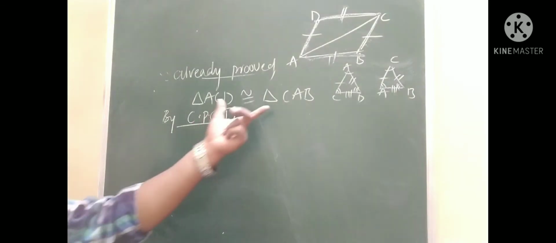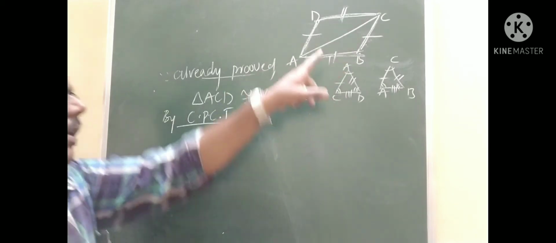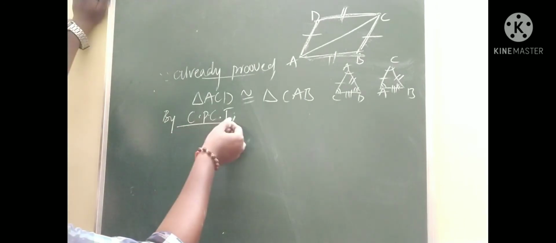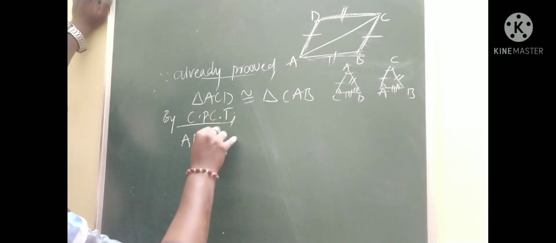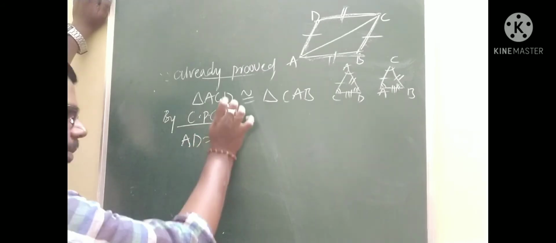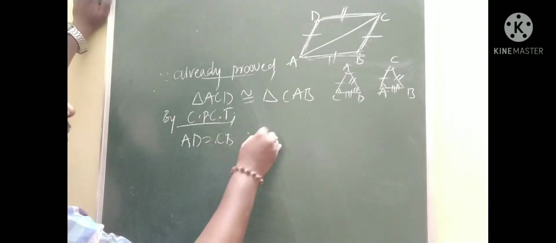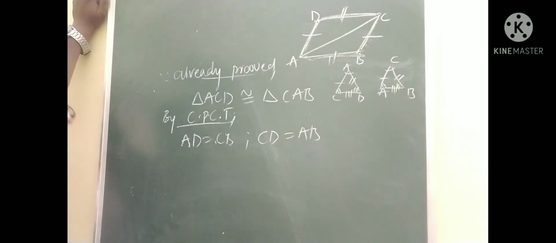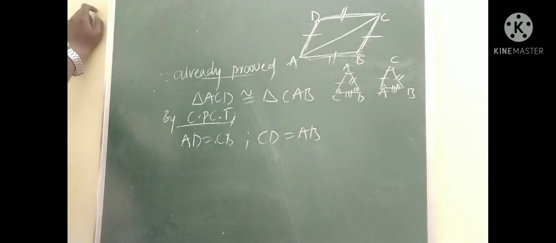So due to the diagonal AC, we got the two congruent triangles. That is why, by CPCT, corresponding parts of congruent triangles, we can write here AD is equal to BC or CB, and we have one more, which is CD is equal to AB. That's enough. As per the parallelogram, we need to prove that both the opposite sides are equal.